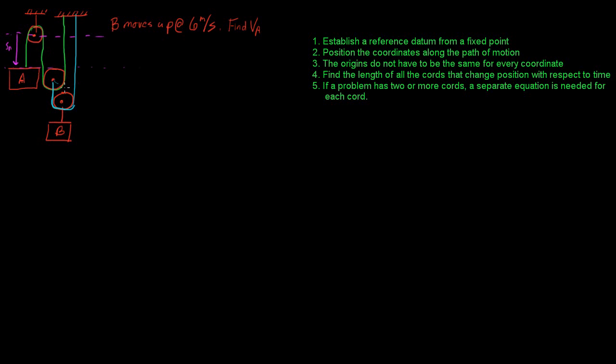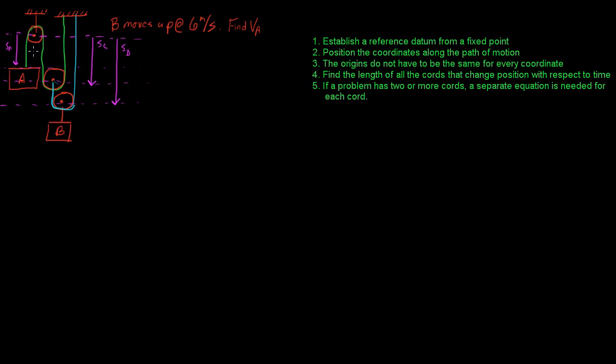We're interested in the location of this pulley because it moves with respect to time, so we'll call this SC, and we're interested in this pulley right here. It also moves when the rope is pulled, so we'll call this SB.